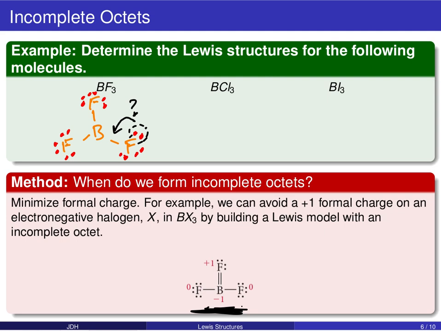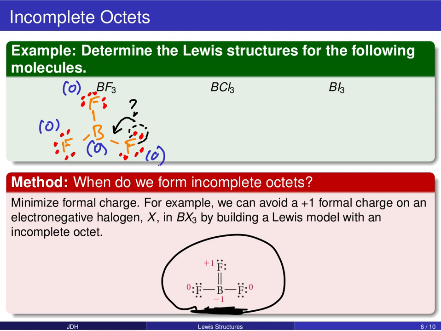And we're going to use formal charge to build an argument for or against the formation of a boron-fluorine double bond. We'll notice in the Lewis dot structure at the bottom of the slide, when we form that double bond, we end up getting non-zero formal charges. If you calculate the formal charge, the formal charge on each one of these atoms in the structure up top here is 0.